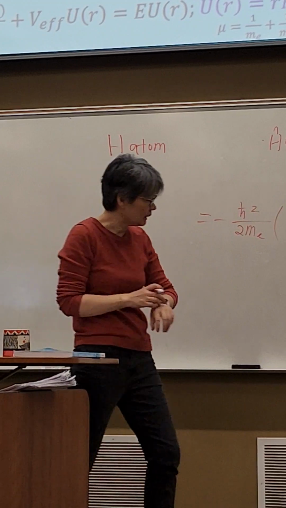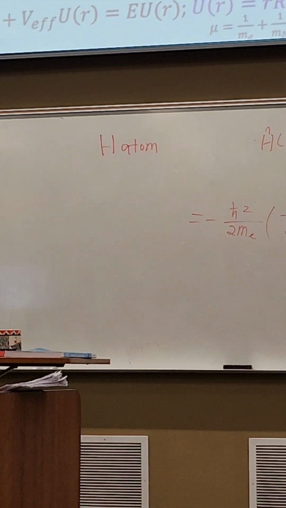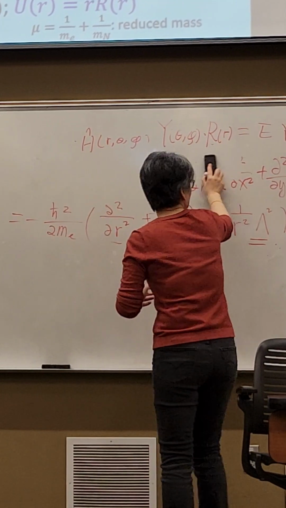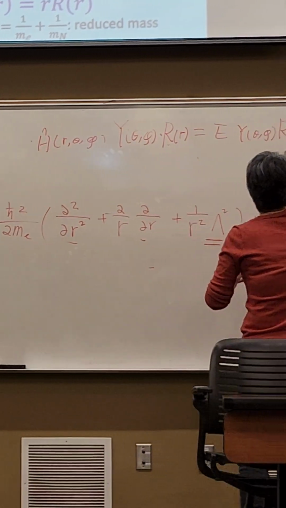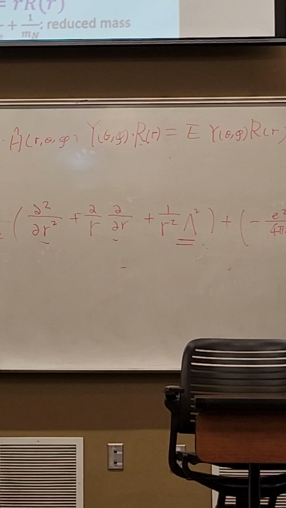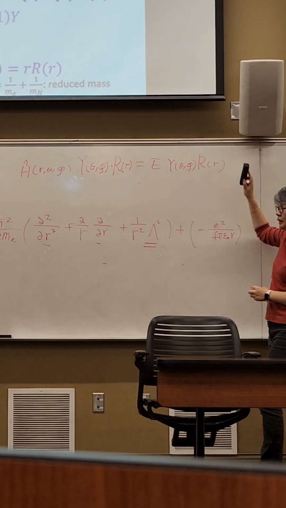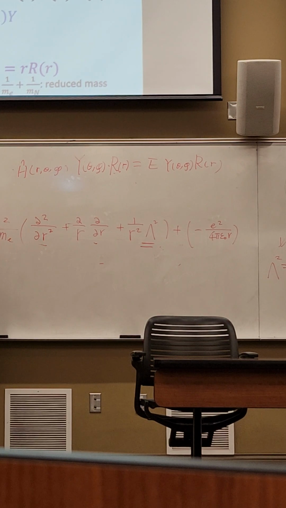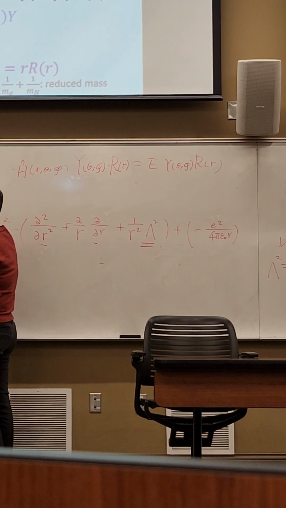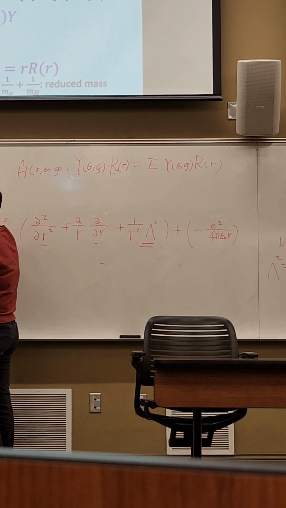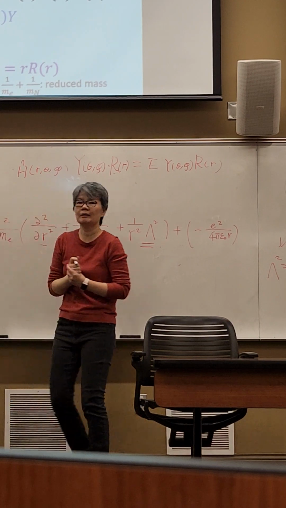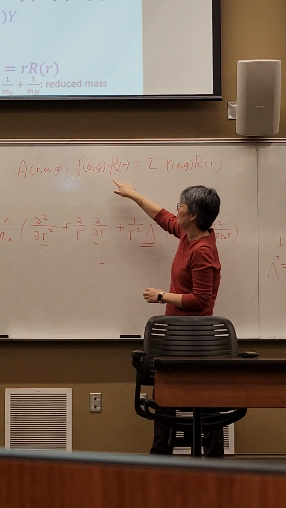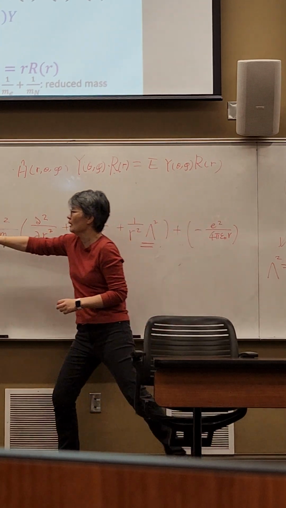Okay, all right. Now, let's give it a shot. If this is the case, this is our Schrodinger equation. Then we have a Hamiltonian operator operate onto your wave function. I abbreviated it as a Y function and R function.